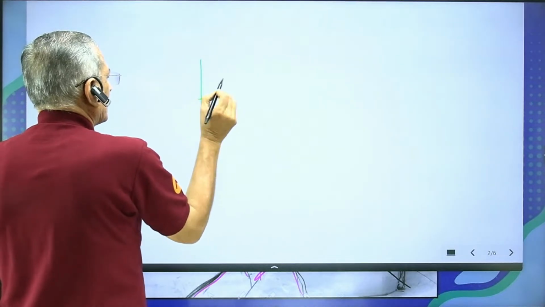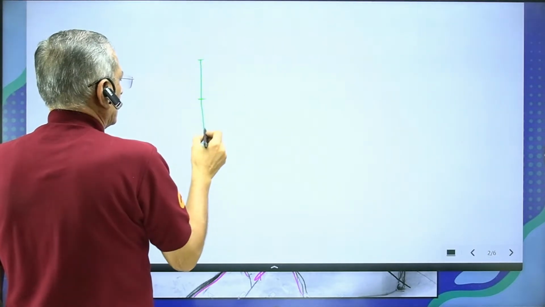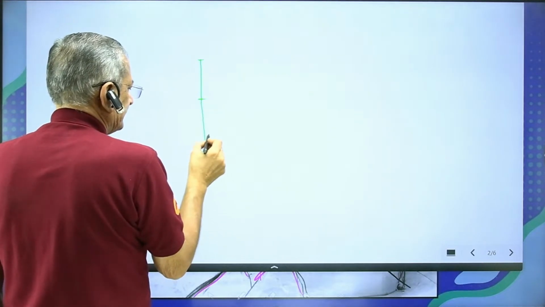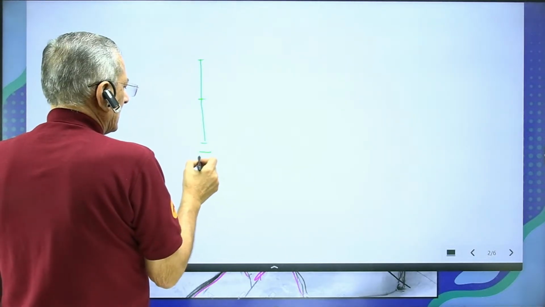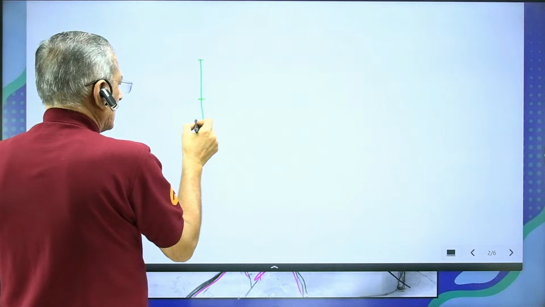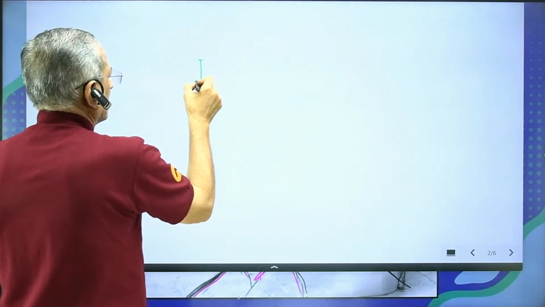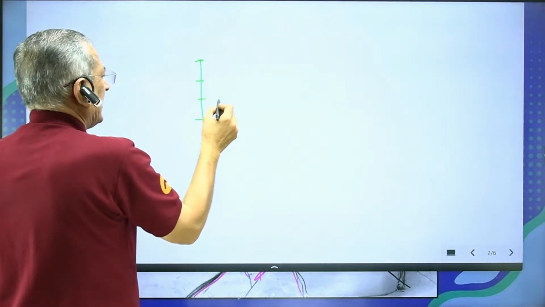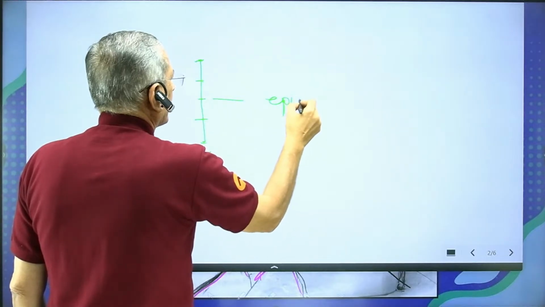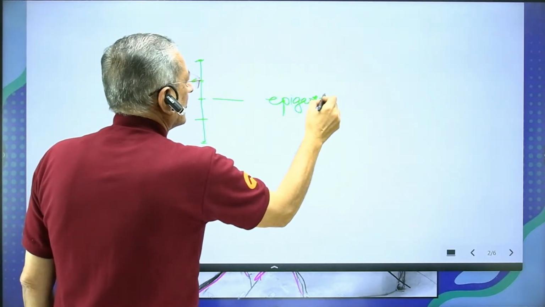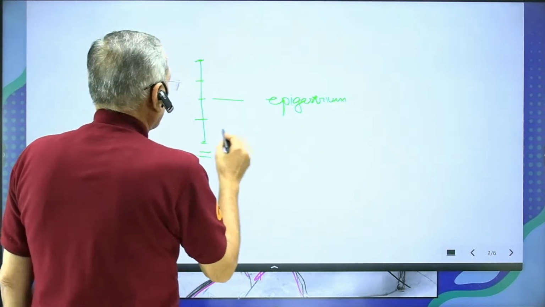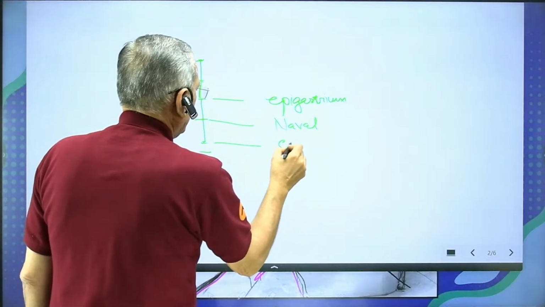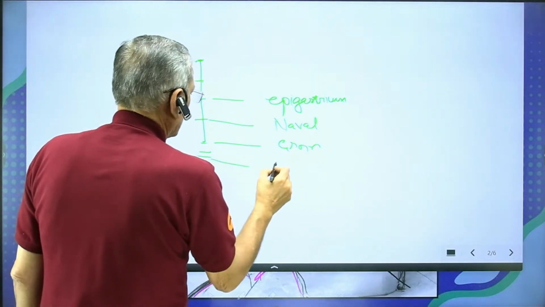Let me show you some interesting ones. Say this is your seat or the buttocks. Above the buttock, you have the groin, and head to chin, chin to epigastrium, navel, groin, buttocks.